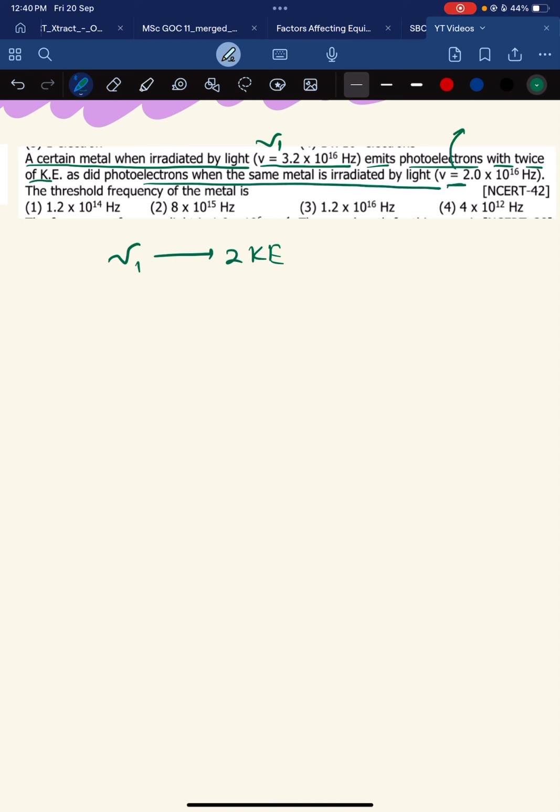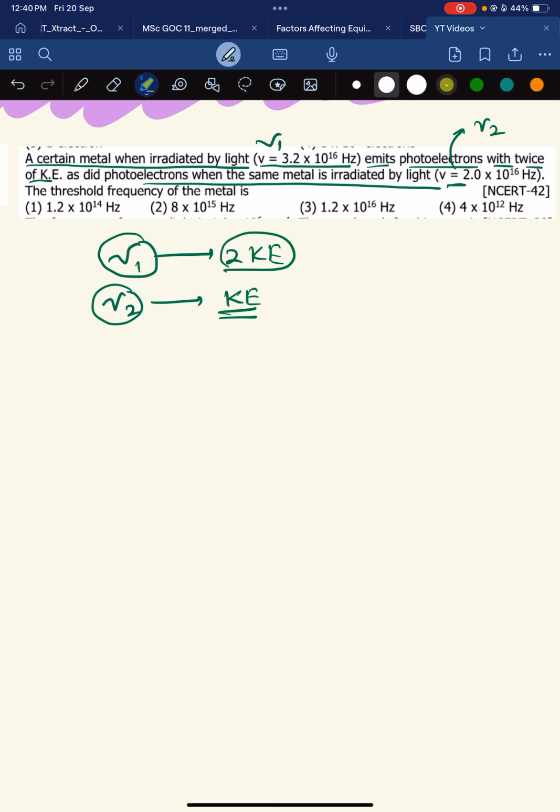Let me call the first frequency mu1 and the second frequency mu2. When mu2 frequency of light is supplied to the metal, it emits an electron whose kinetic energy is simply Ke, and for mu1 it emits 2 Ke. The question they are asking is the threshold frequency of the metal.